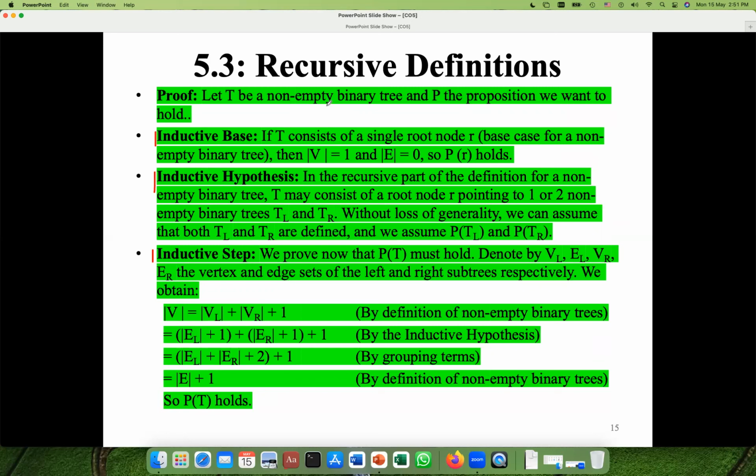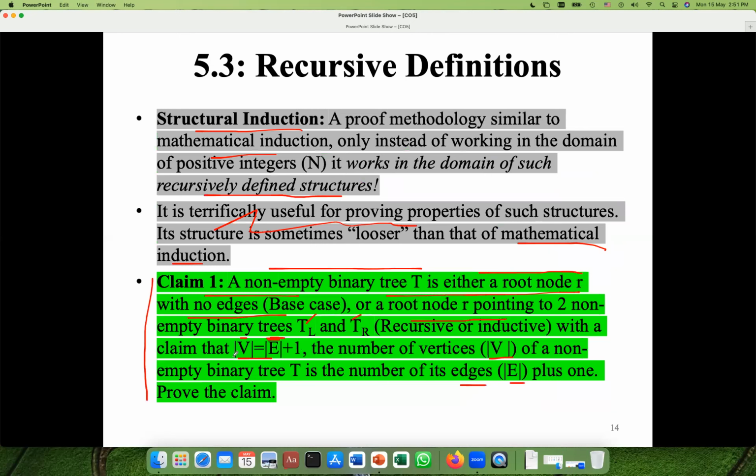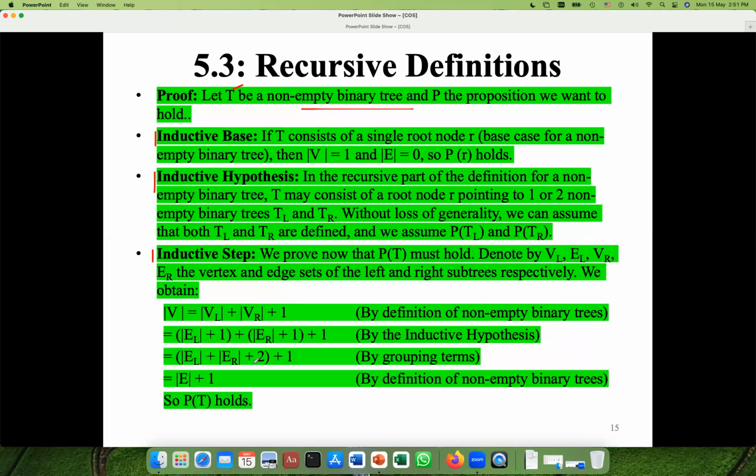So now we are just starting. T is our non-empty binary tree, and P is the proposition that we want to hold. What is that proposition? The claim. And also this information, either single root or TL and TR, but this is the major claim which we want to hold. Hold means which we want to see as true.